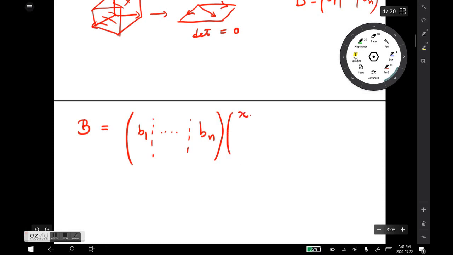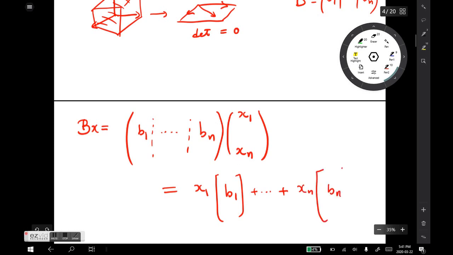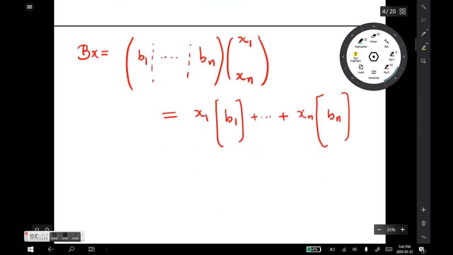If I multiply this, so if I write Bx, I claim that this is the vector given by x1 times B1, etcetera, plus xn times Bn. Maybe you pause the video and see why this is true, and I'll explain in a second.